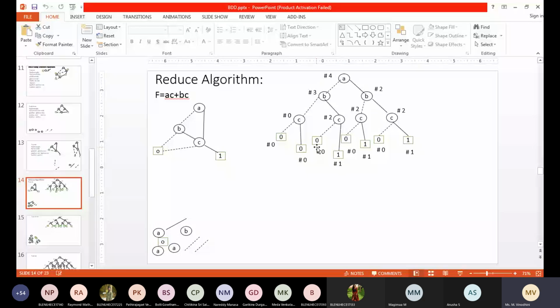After giving the numbers to the leaf nodes, we have to move on to the next higher level. The next higher level in this binary decision diagram is C. If we look at the first C, to assign a number for this first intermediate node C, which is present on the left hand side, we need to look at the numbers of its leaf nodes. Leaf node numbers are the same.